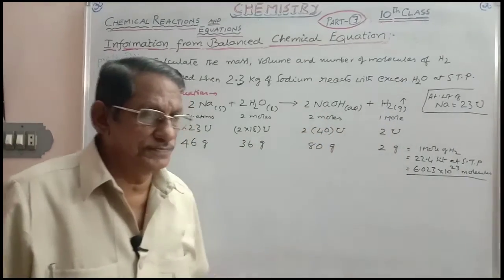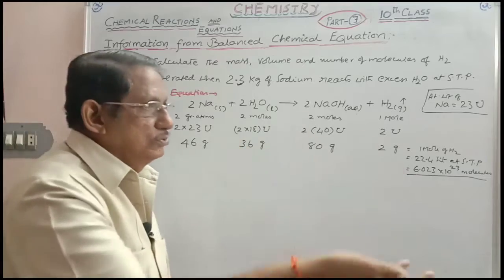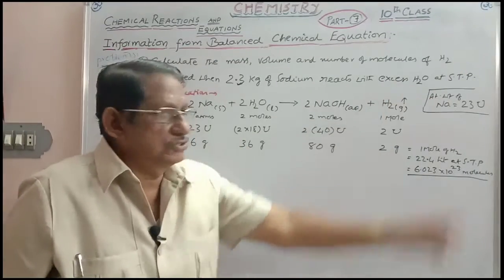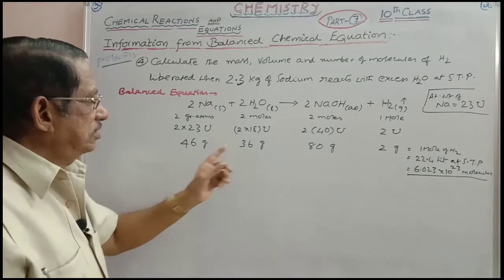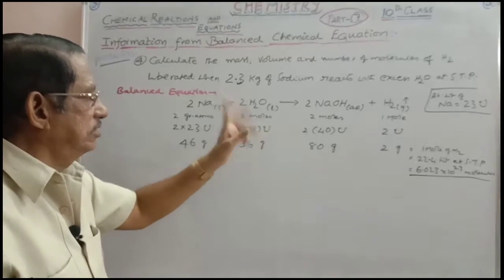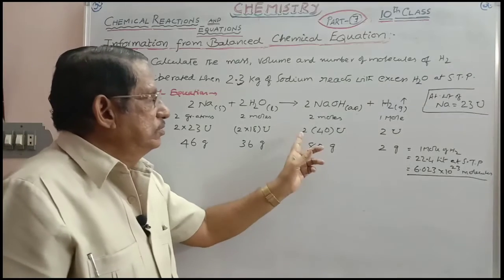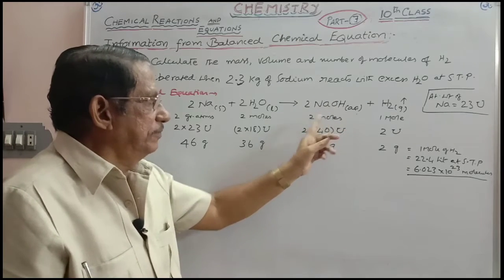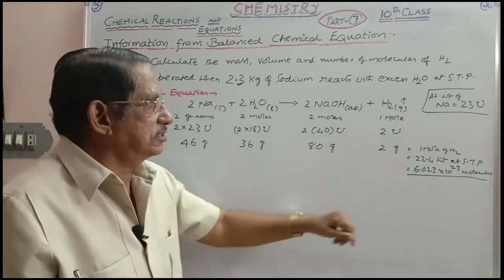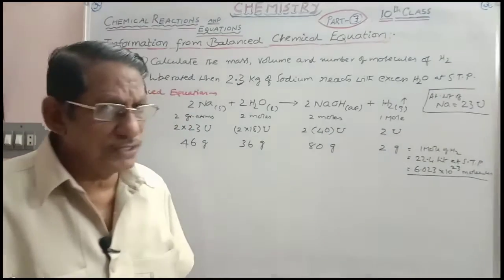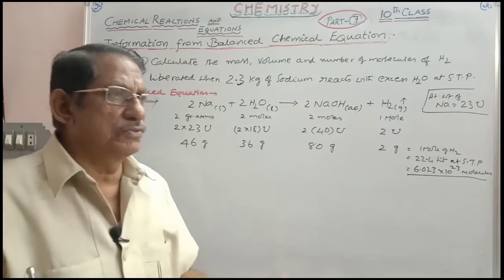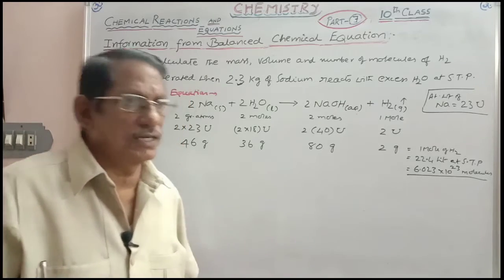1 mole of hydrogen. If we express it in unified mass, sodium unified mass is equal to 23. 2 into 23 U of sodium reacts with 2 into 18, 36 U of H2O to give you 2 into sodium hydroxide molecular weight 40, 2 into 40 U of sodium hydroxide, plus the molecular weight of hydrogen, 2 U. U is replaced with grams, you will get the gram moles or gram atoms.